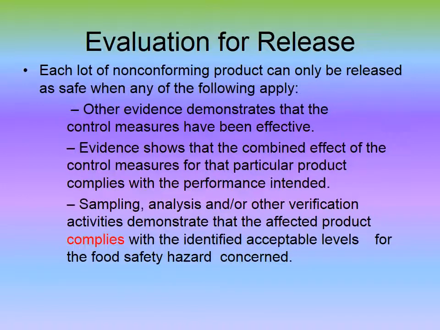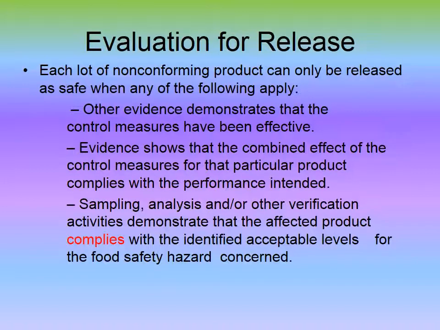Okay class, you can see from here the evaluation for release. Each lot of non-conforming product can only be released as safe when any of the following apply. First of all, other evidence demonstrates that the control measures have been effective.